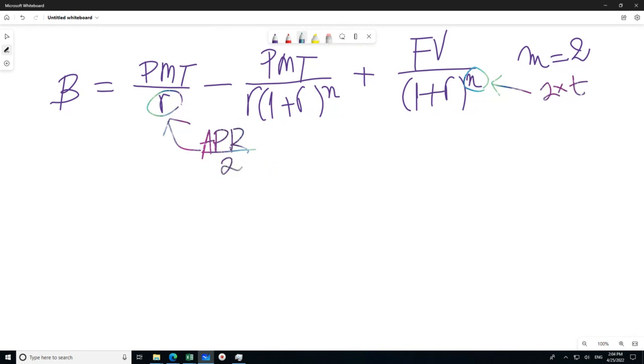And also, this much is the present value of an annuity, and this is the present value of just a single cash flow.